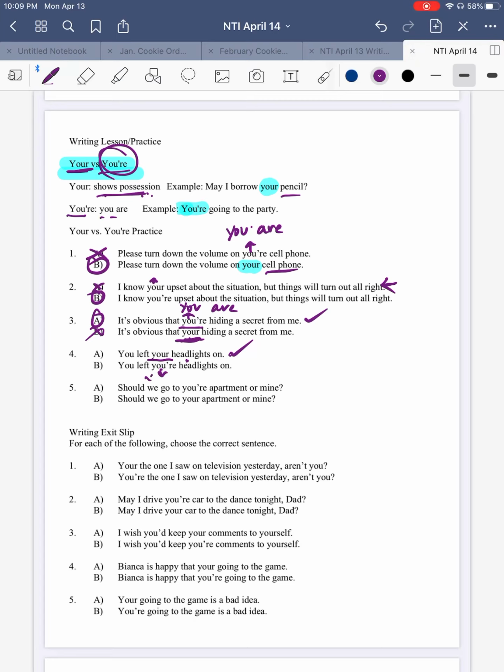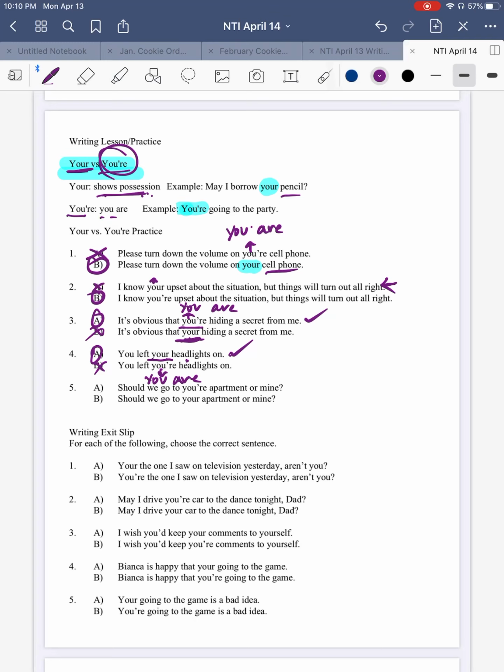We know that this is a contraction for "you are." Let's see if this makes sense when we replace it with the two words. "You left you are headlights on." Does that make sense? Not at all. We know that they have headlights and they left them on. So A, this possessive "your," is the correct answer here.